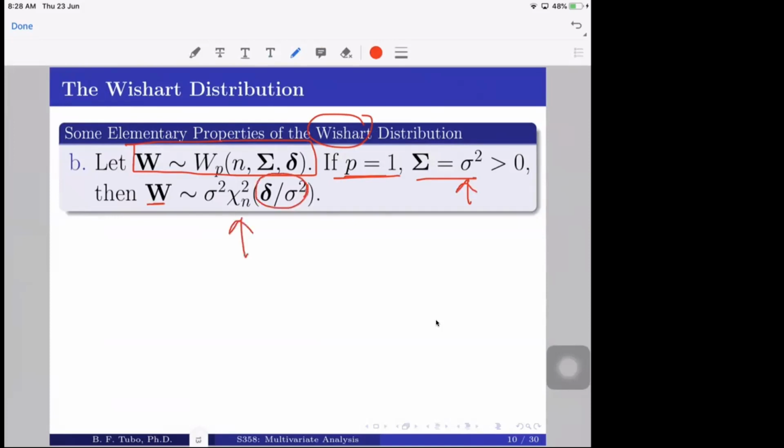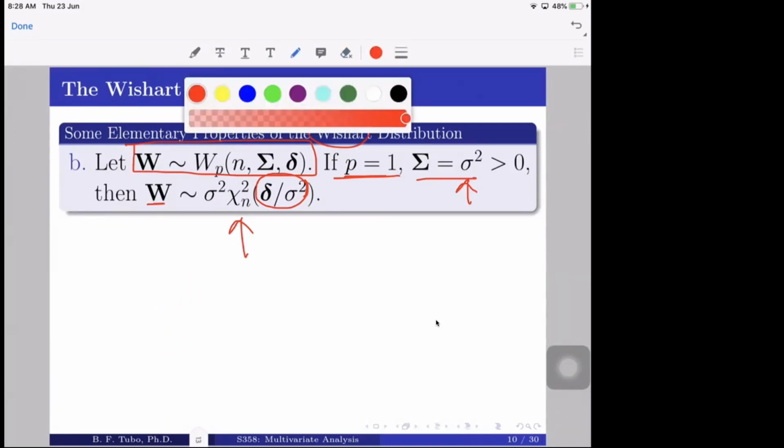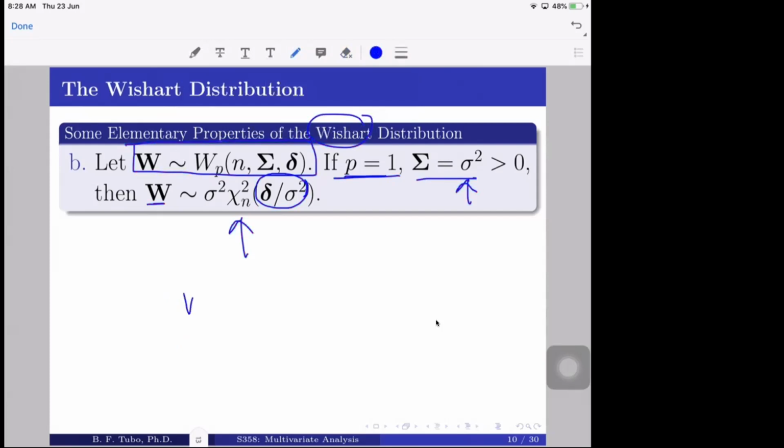Actually, this is W over sigma squared, and that is chi-square distributed with non-centrality parameter delta over sigma squared.